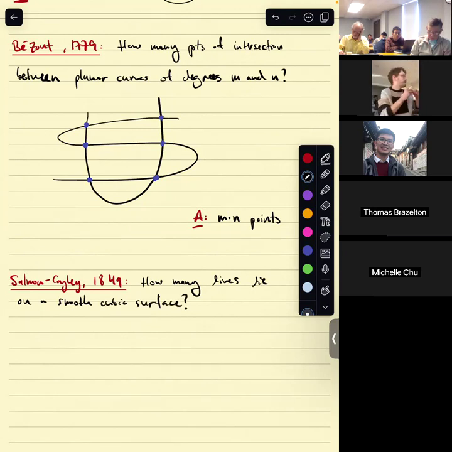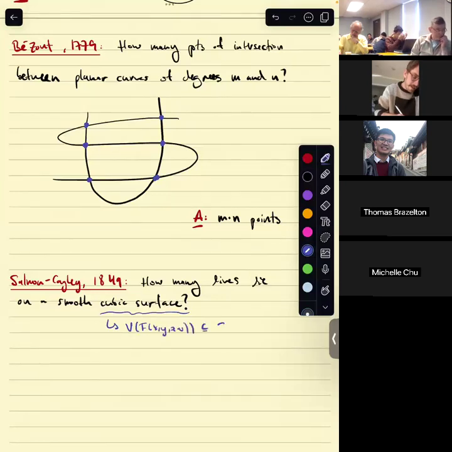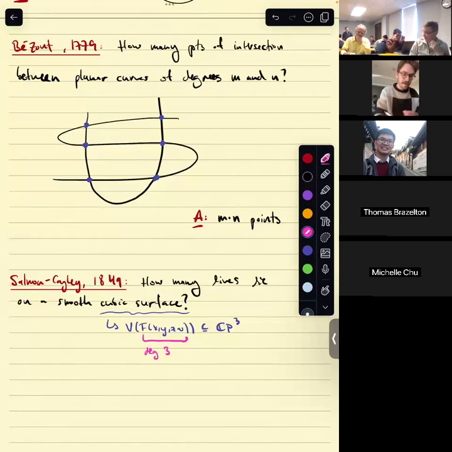Okay, and so what is a cubic surface? We'll go into this in detail in a bit. But a cubic surface is the vanishing locus of a degree 3 homogeneous polynomial in CP3. So this thing right here should be degree 3. And we also want the polynomial to be smooth here.